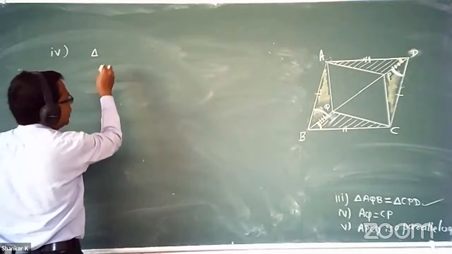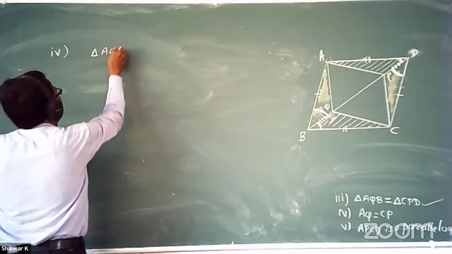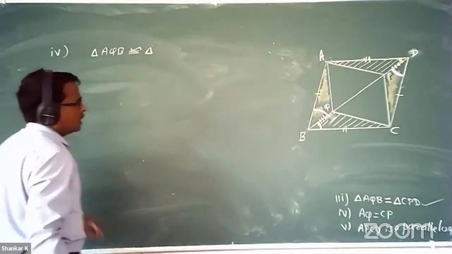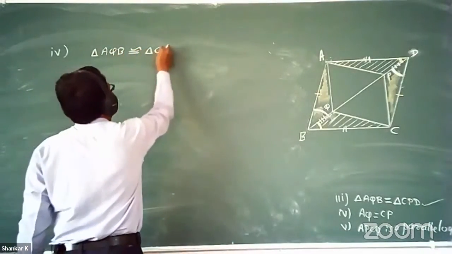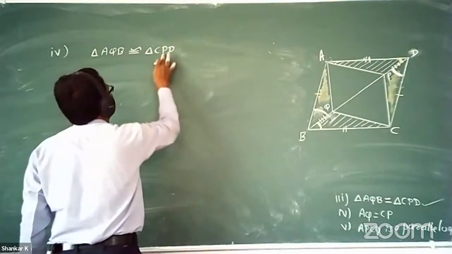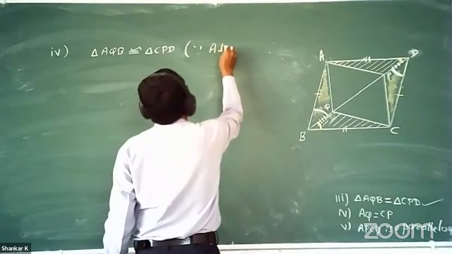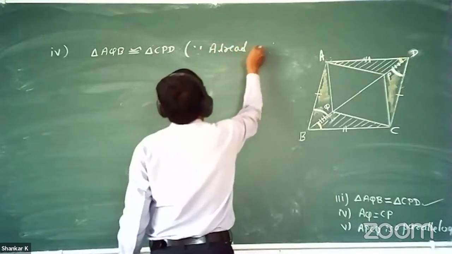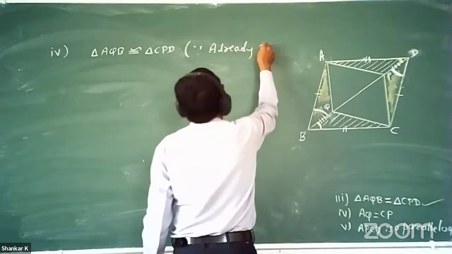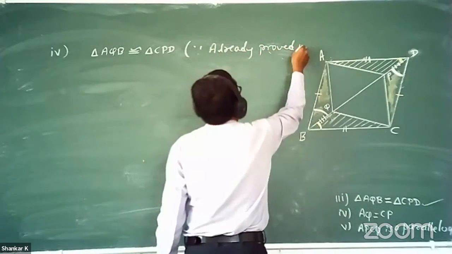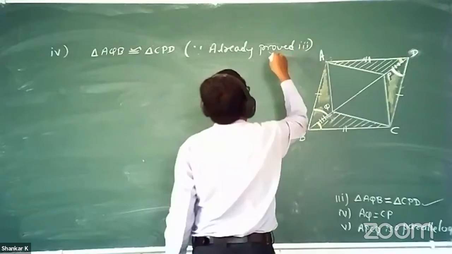Triangle AQB is congruent to triangle CPD. Why you wrote like this? Because already proved. Proved in third, you should write.